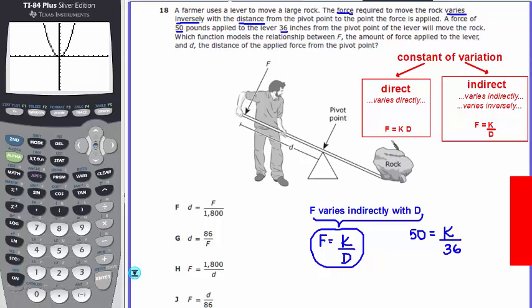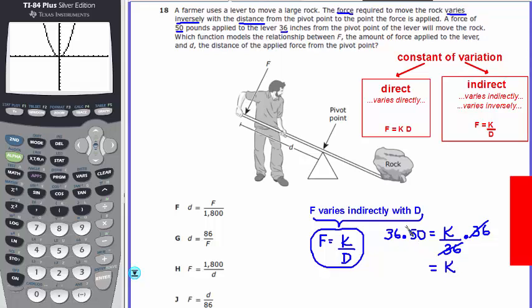Alright, so my job is to get the letter K alone. To do that, how do I get rid of the 36? Basically, we're going to multiply both sides by 36. Because if I multiply both sides by 36, on this side, the 36 is going to cancel, and I'm left with the letter K alone.